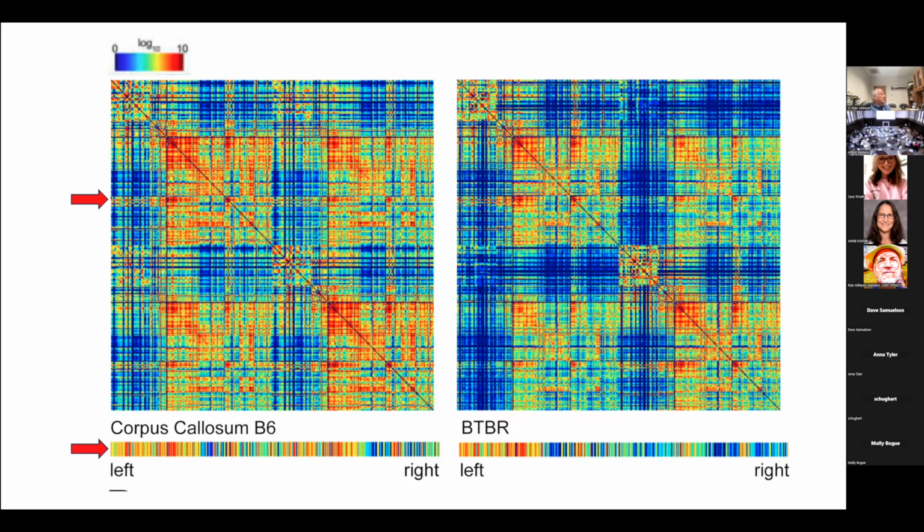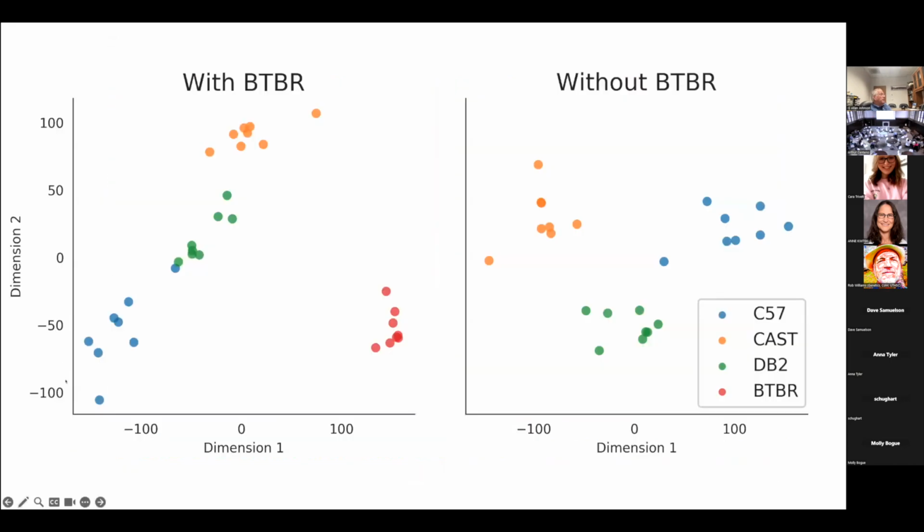And when we plot that, we see a wonderful clustering. Here's the BTBR clustering far from the others, but we also see differentials between all of the, quote, common strains or very similar strains. And when we take the BTBR out of the picture altogether, we see separation that is even more dramatic.